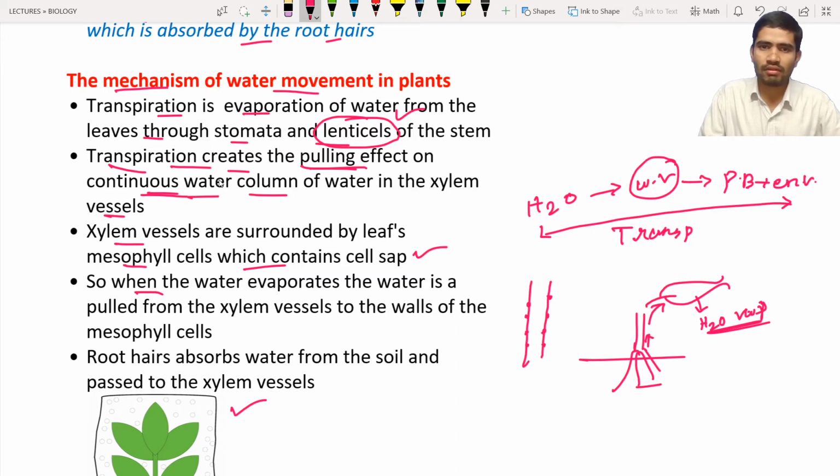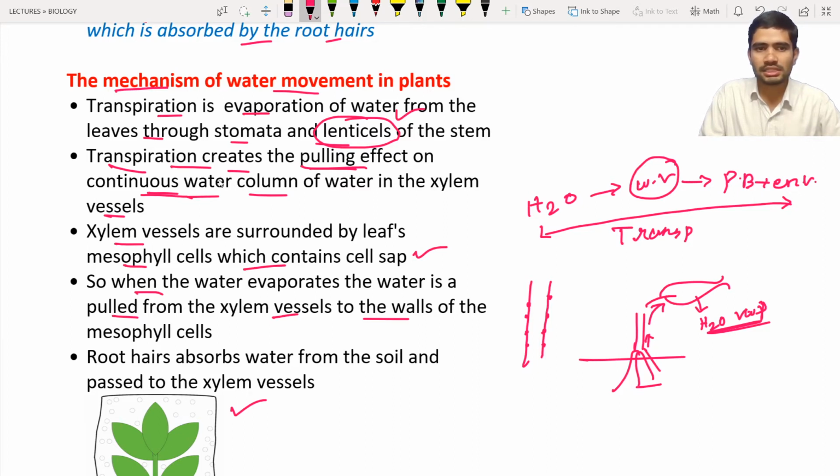So when the water evaporates, as a result there is a creation of the pulling effect on the xylem vessels. From the walls of the mesophyll cells, the water will be lost, and when the mesophyll cells lose water, the water will be absorbed by the xylem vessels present in the stem.